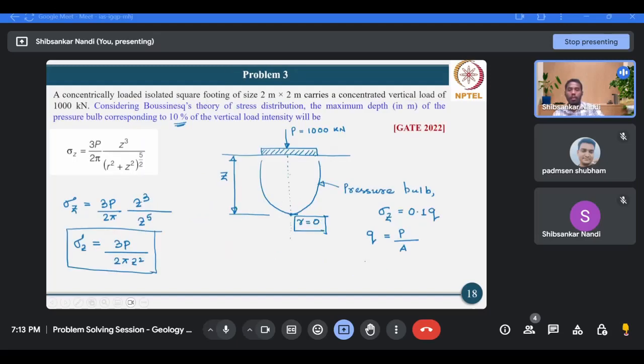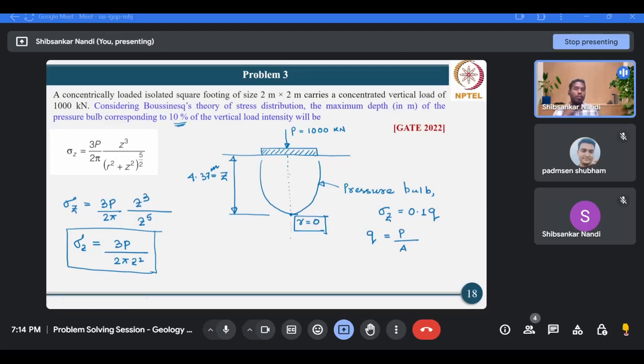So this is the maximum depth of the pressure bulb at which the vertical stress increase corresponds to 10% of the vertical load intensity.